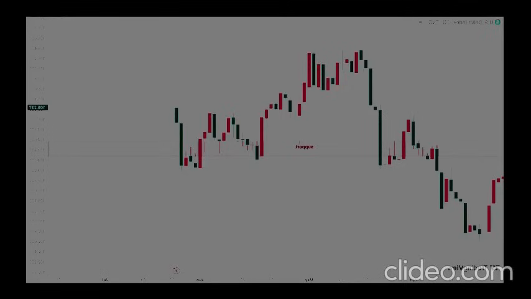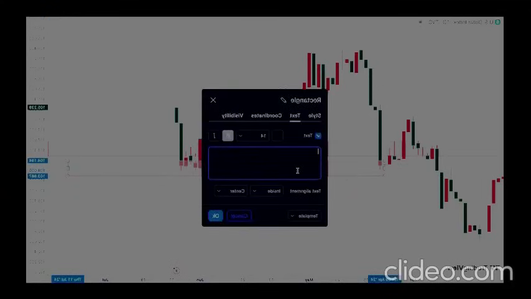So we can use this last candle as a demand zone.